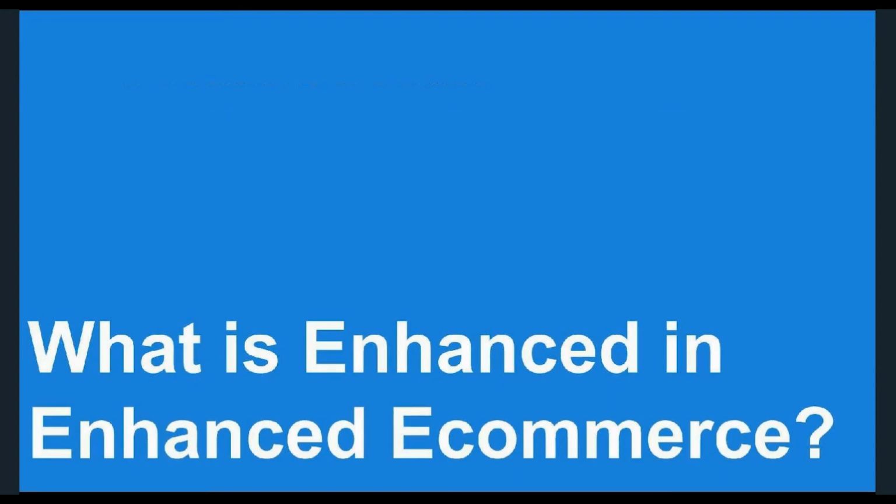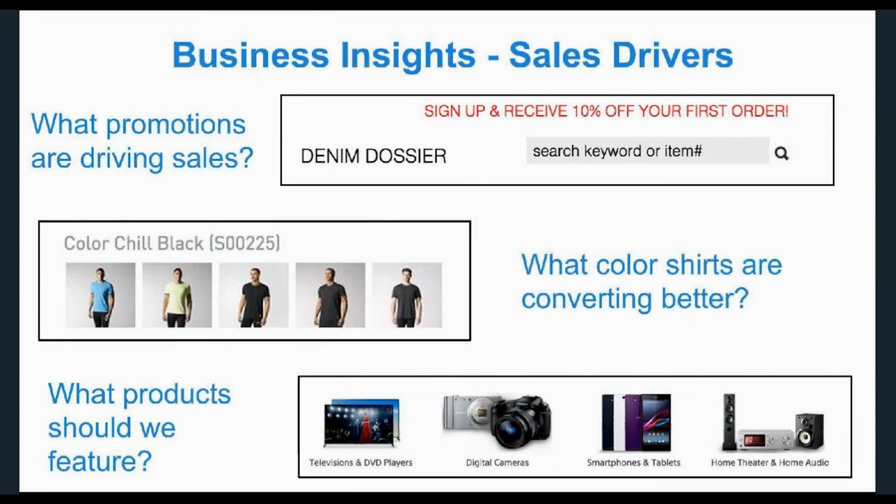So let's dive in. What is enhanced in enhanced e-commerce? And the first, let's talk about business insights and sales drivers. So in this section, we'll talk about how Google Analytics can help us understand what promotions or what on-site marketing campaigns are actually driving sales.